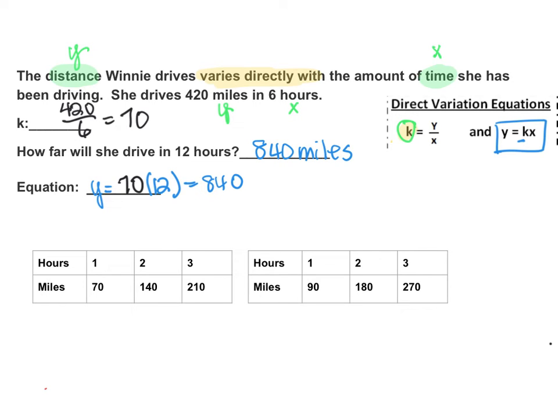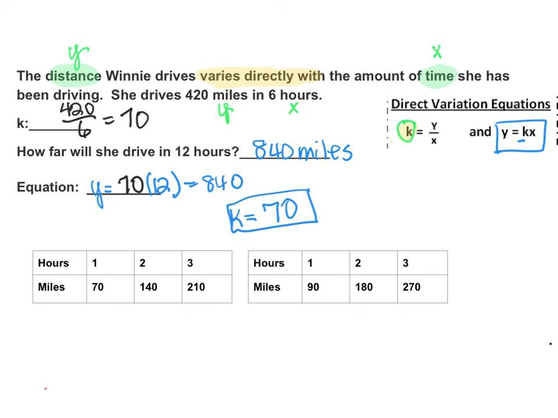Now, if we take a look at the relationship of the two tables and the inputs and the outputs, we want to see which one has a constant of proportionality that represents the K that we just discovered. So, which one would have a K of 70?